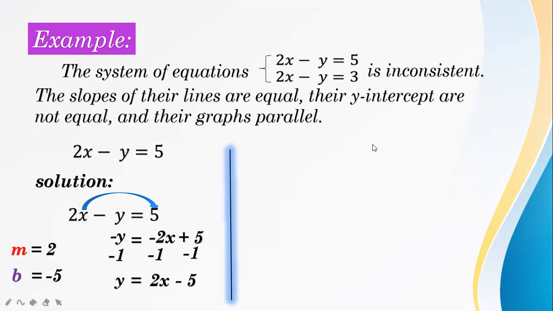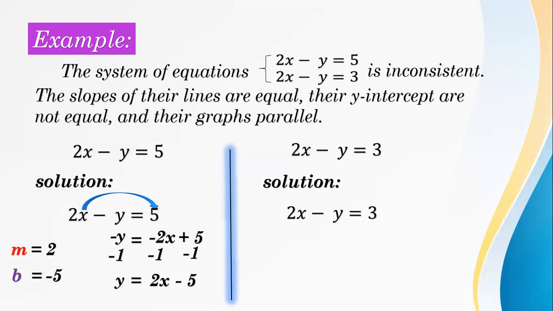Next, how about the second equation, 2x minus y equals 3? So again, we have the solution. Change this standard form into slope-intercept form. So you transpose, and then we have negative y equals negative 2x plus 3.